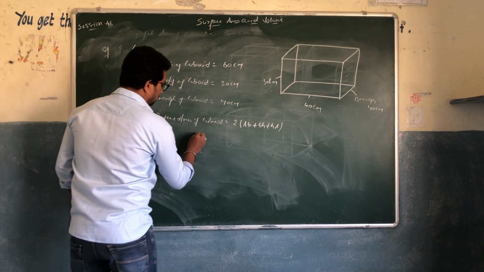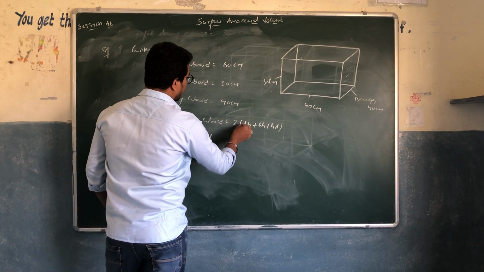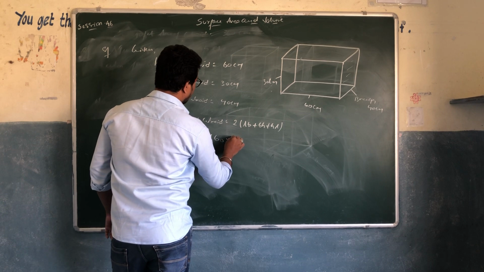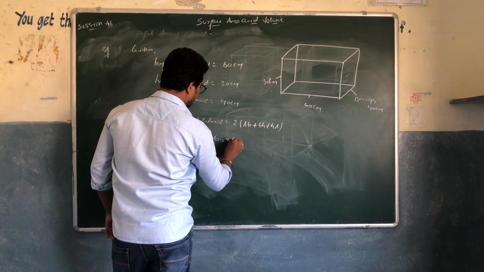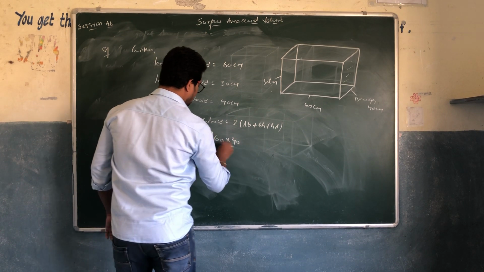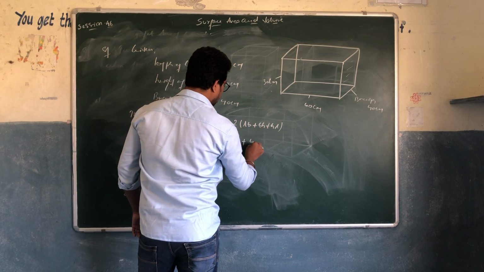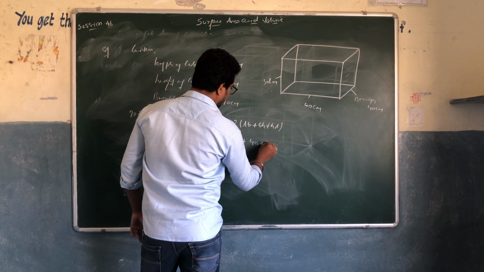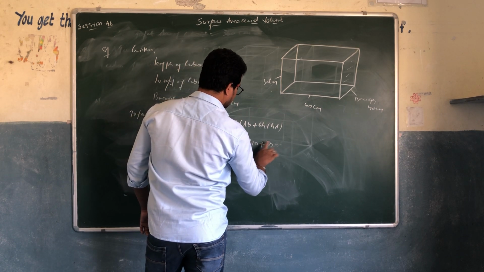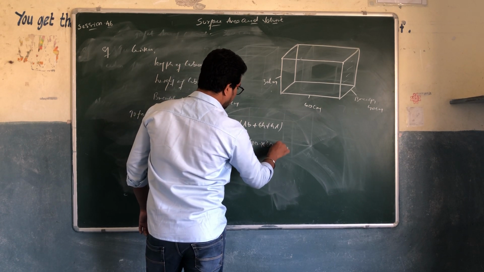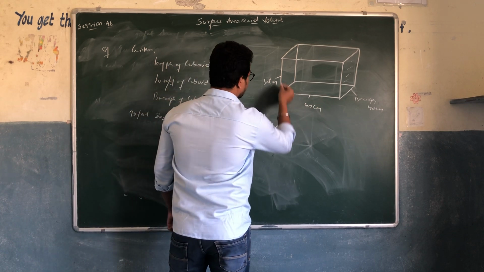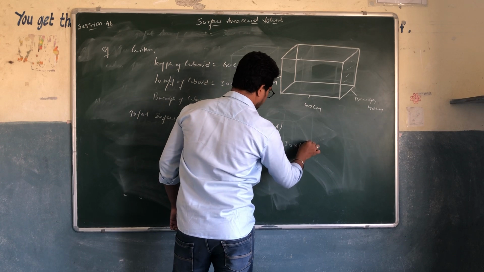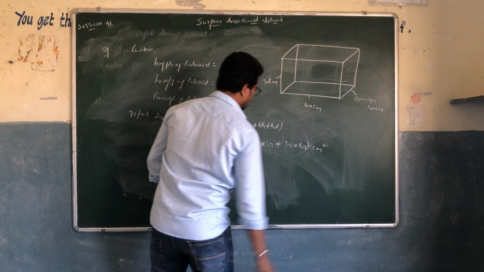Which is equal to 2 into (length 60 into breadth 40, plus breadth 40 into height 30, plus height 30 into length 60) centimeter square.